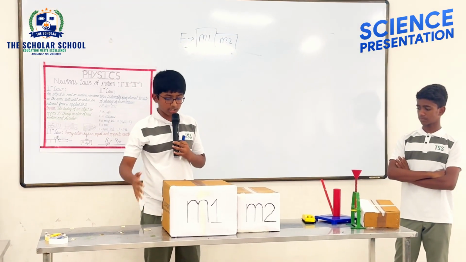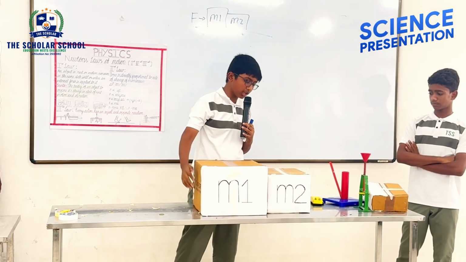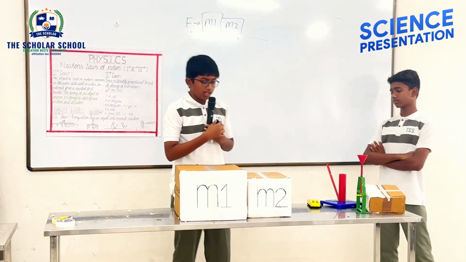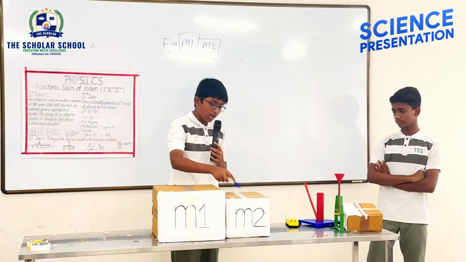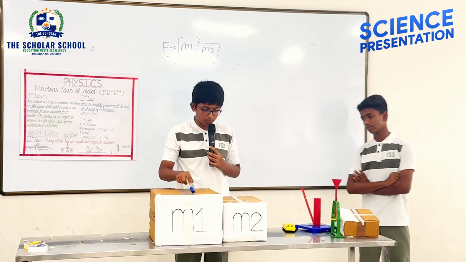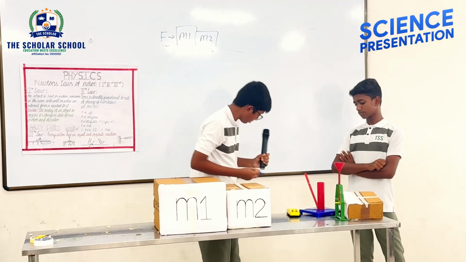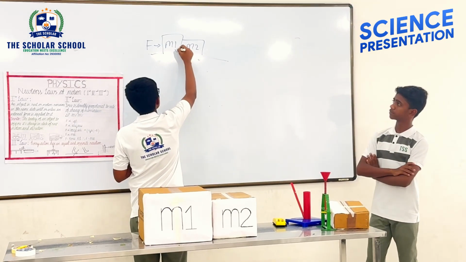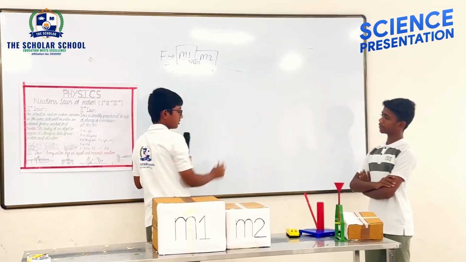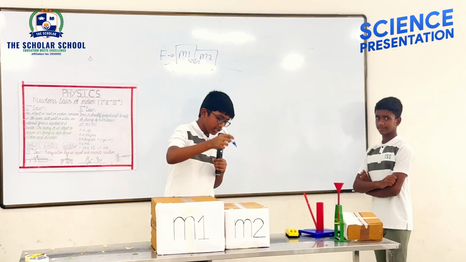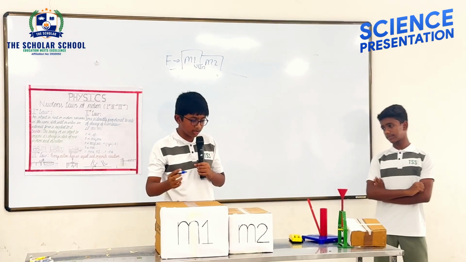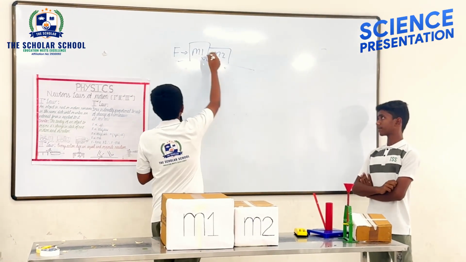When you apply the force F on m1, the whole body moves in the forward direction. And also m2 exerts some force on m1, which is N12, and m1 also exerts some force on m2, which is N21.